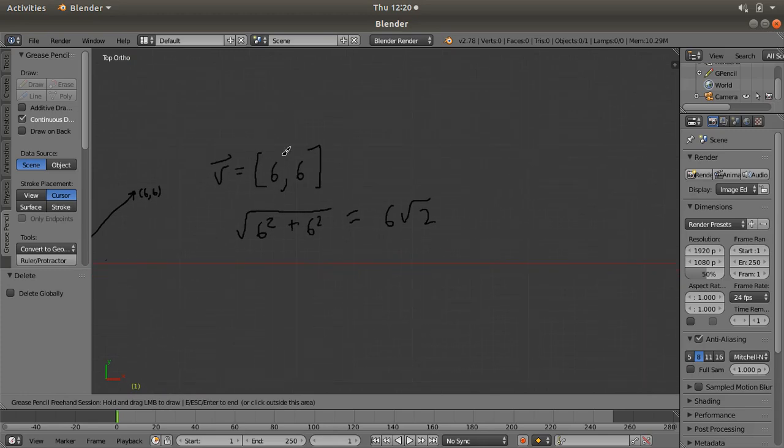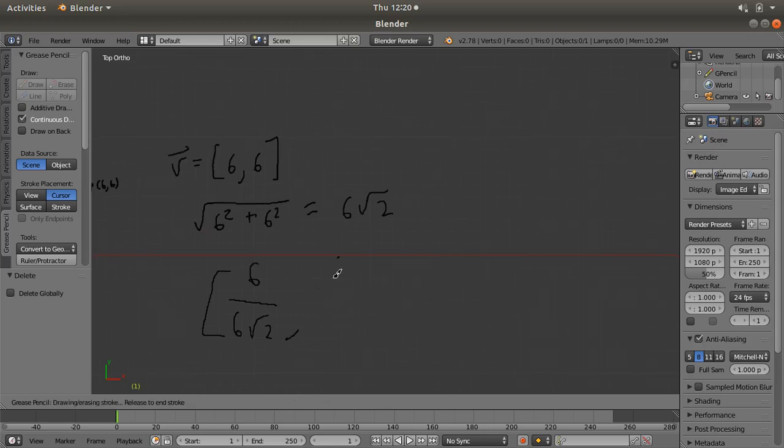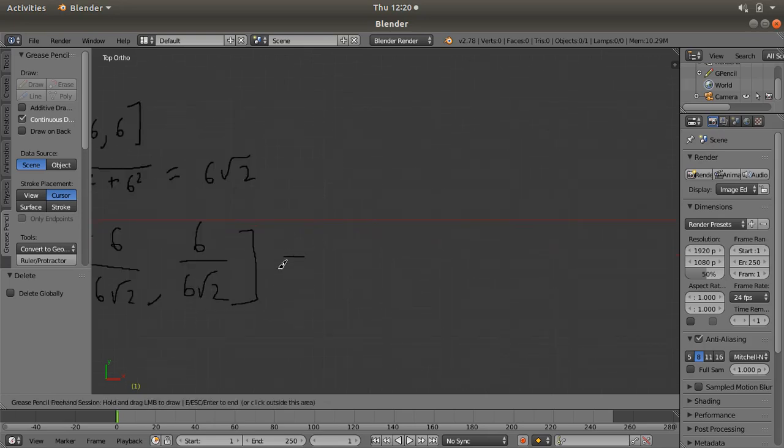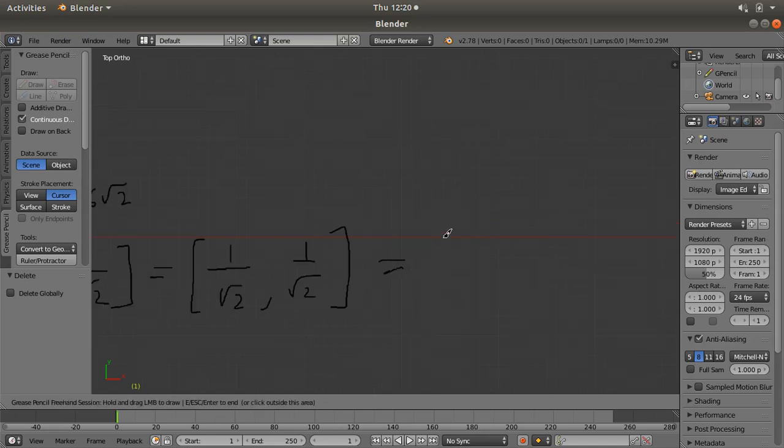Now to extract the direction, divide each component by the total magnitude. And the 6's cancel, so you get 1 over root 2. And 1 over root 2 is usually written as root 2 over 2.